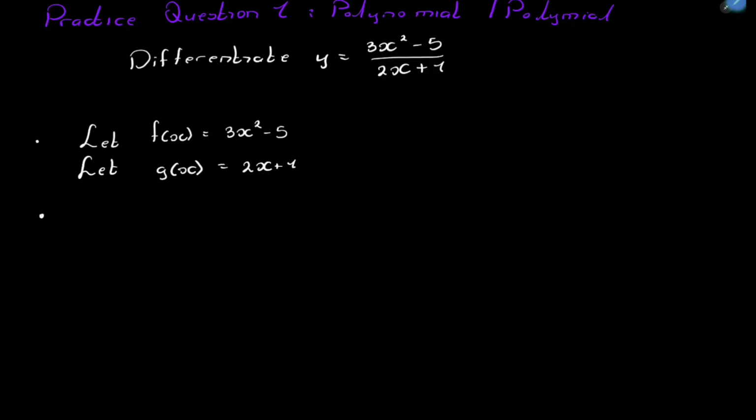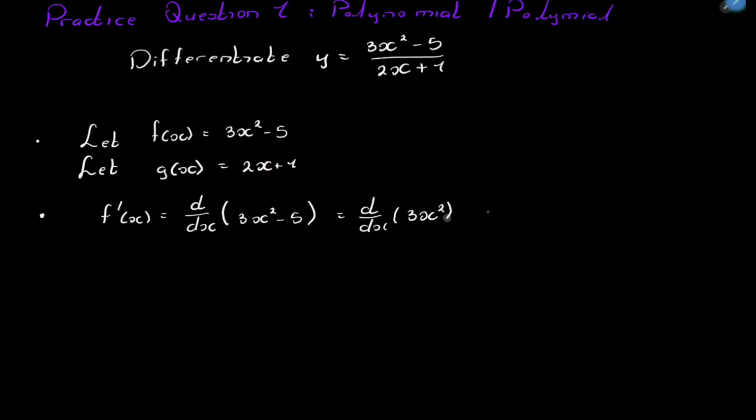What did our second step ask us to do? Our second step asks us to calculate the derivative of the numerator, that is f prime of x. So f prime of x is the derivative with respect to x of 3x squared minus 5. Using our difference rule or sum rule, this is the same as the derivative of 3x squared minus the derivative of 5.